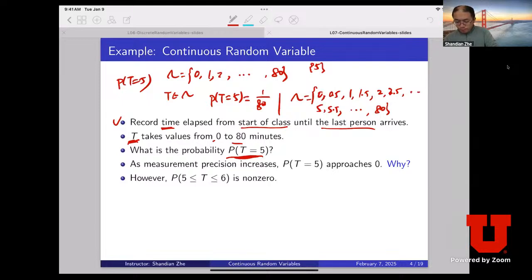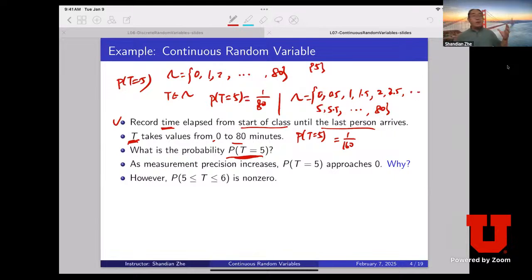So in this case, with my better watch, if I still want to calculate the probability of t equals 5, what's that probability? Yeah, 1 over 160, because now your sample space increases by double, right?